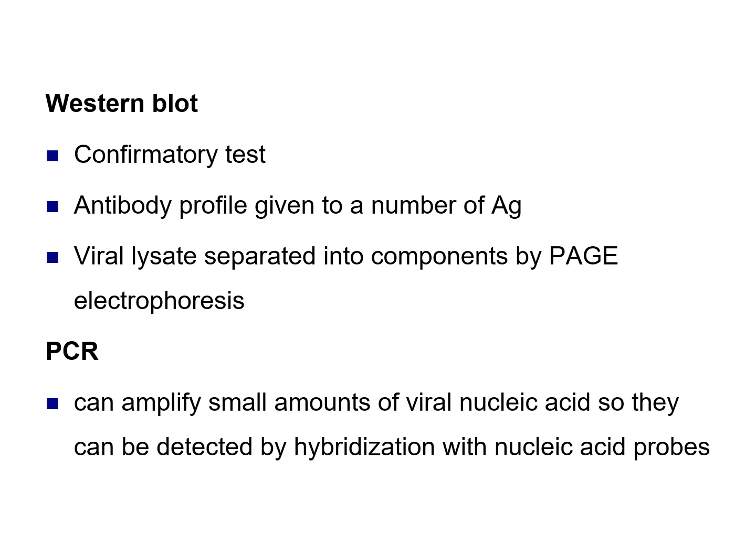And then of course we have PCR, polymerase chain reaction, where we can make use of a very small amount of antigen or nucleic acid, which can be detected by nucleic acid probes. Right, so that is the end of this presentation.